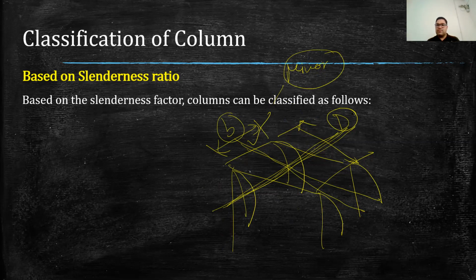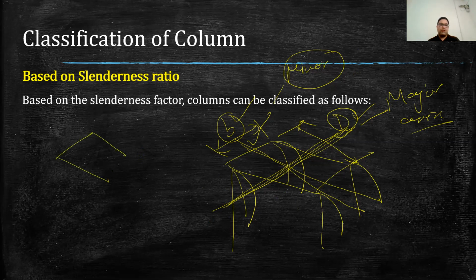There are fewer chances that the column will buckle along the major axis. Generally, it will buckle along the minor axis only, and the minor axis will be along the lesser dimension.